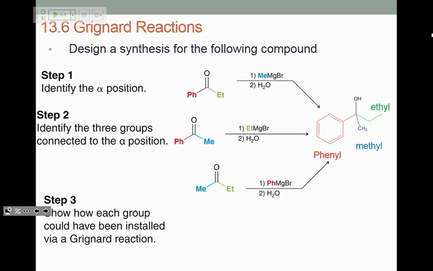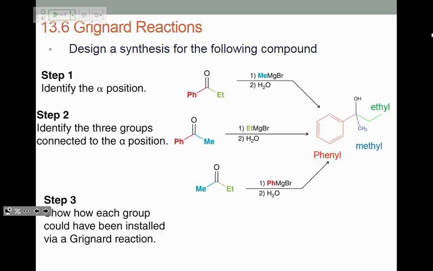If I drew this, and I drew this as leaving, what we'd form is this. It's not a good leaving group. R groups, hydrogens, not good leaving groups.